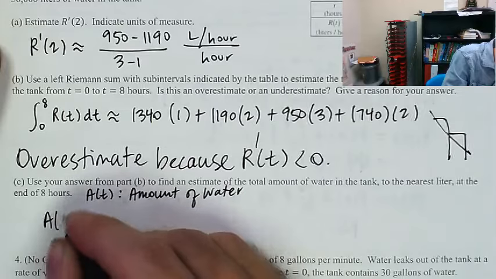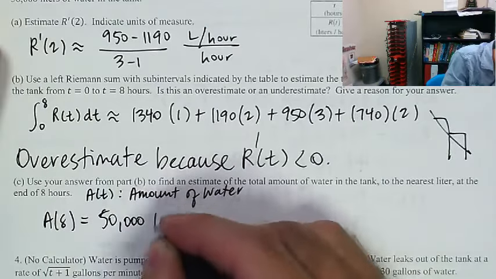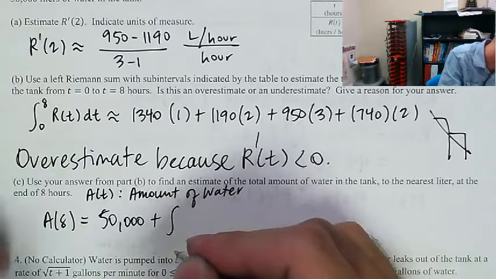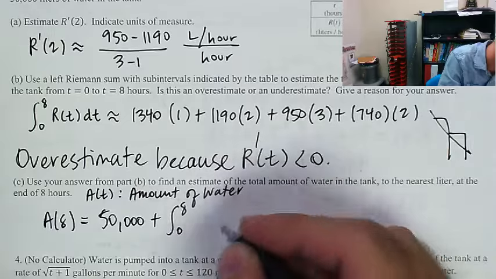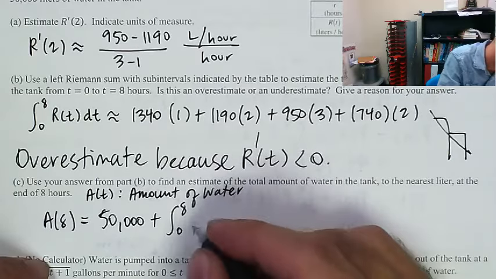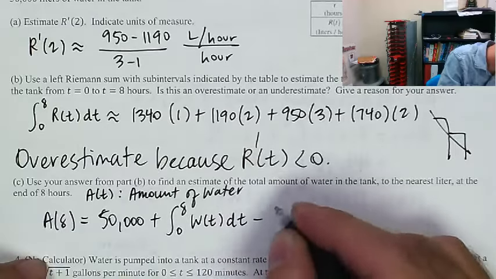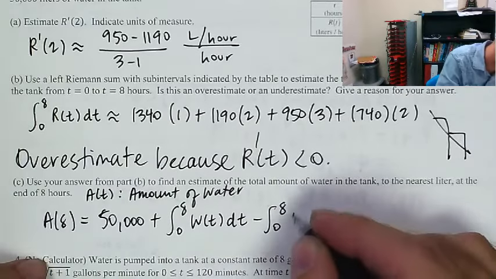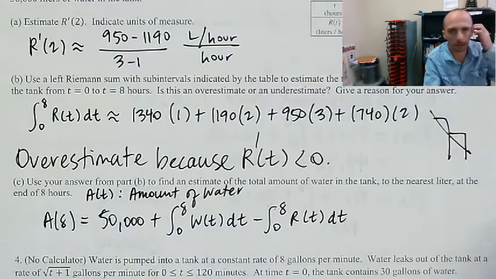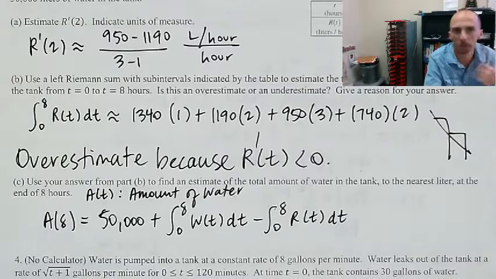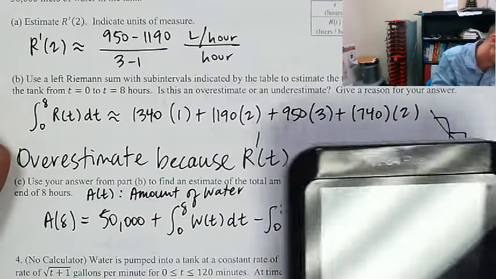So A of 8 is equal to 50,000 plus the integral from 0 to 8 of rate in minus rate out. But maybe I'll write this as two separate integrals right now, because it wouldn't really make sense on one hand once you have to use a Riemann sum for the other one. We're going to bring that guy back.